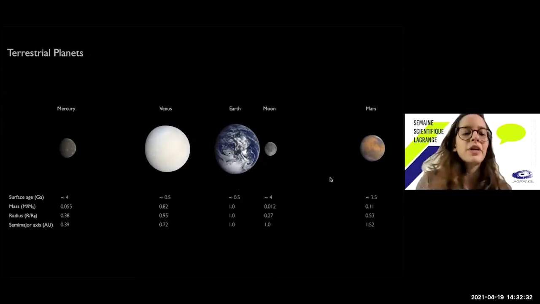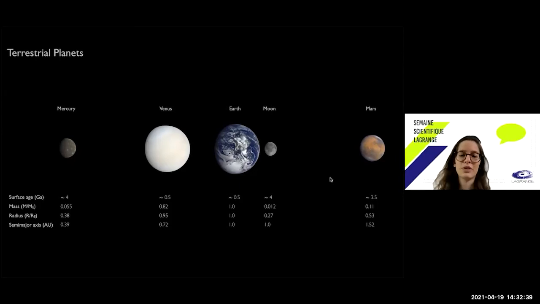Okay, so here I'm showing the five, what we call terrestrial planets, actually the four terrestrial planets plus the Moon, that we normally put in this mix because it's a very well studied body with a very complex geology, although it's not a planet we put in this group.